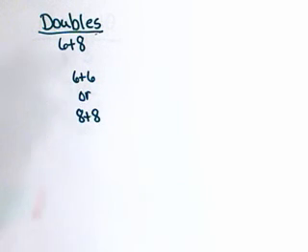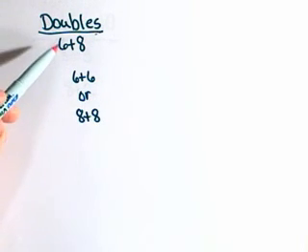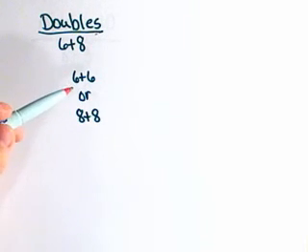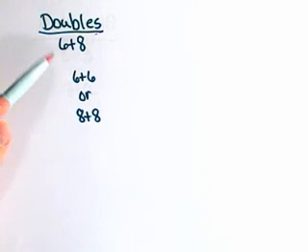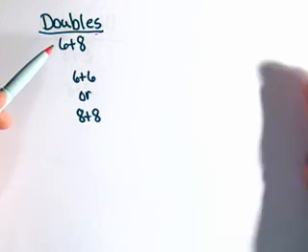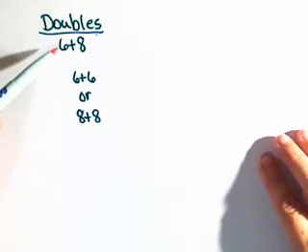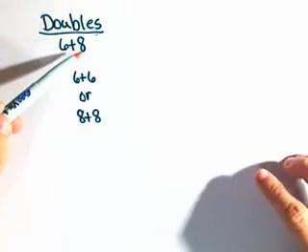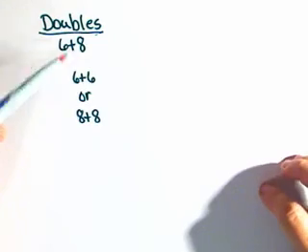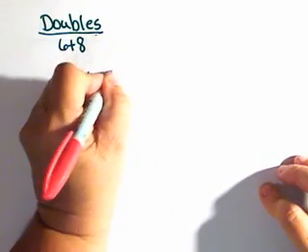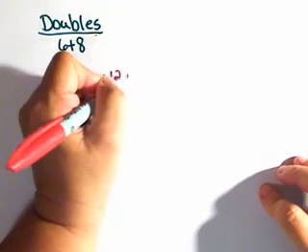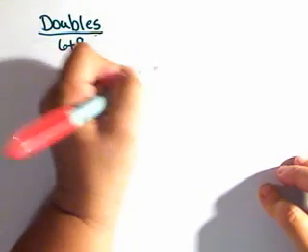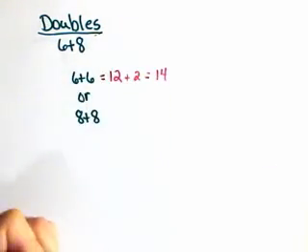So if they look at 6 plus 8, this is a pretty sophisticated level of knowledge about the math concepts, because they see 6 plus 8, and they see, oh, I could do 6 plus 6, which is 12, and 8 is 2 more than 6, so then I add 2 more on, and that gives me 14.